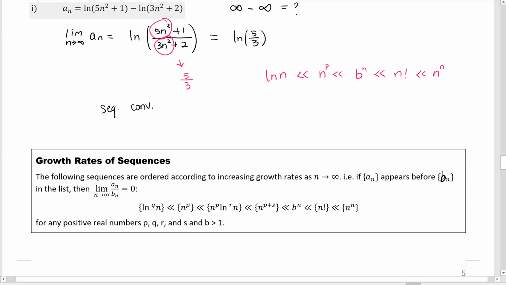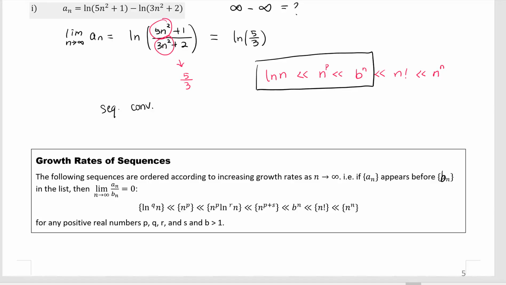Let's say n is 3, then ln of 3. Do you remember we already figured out this part?